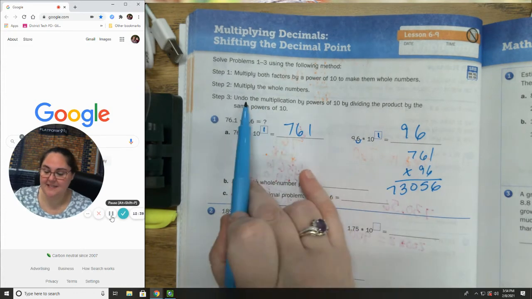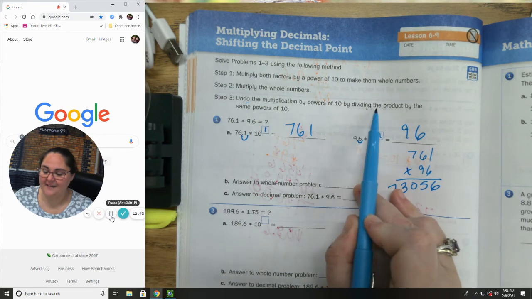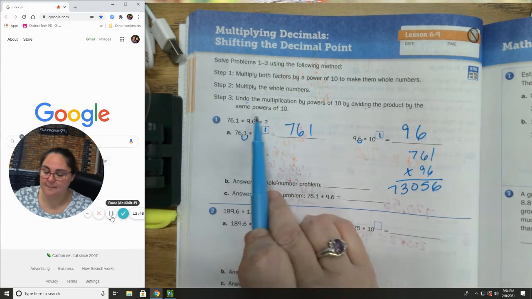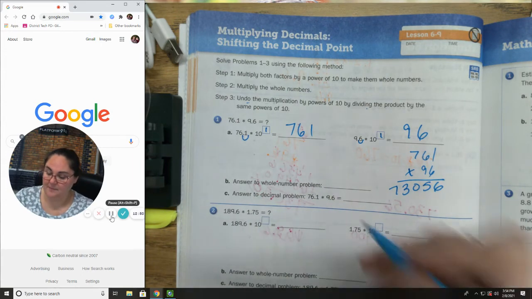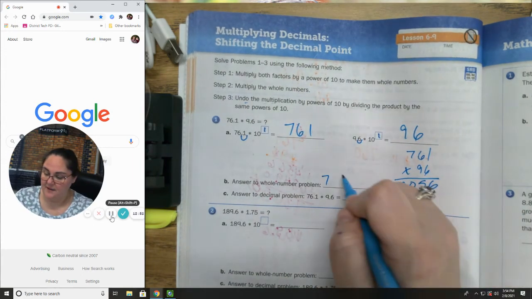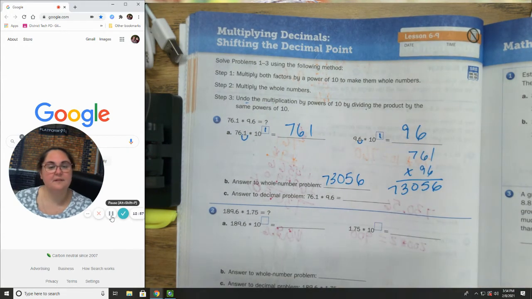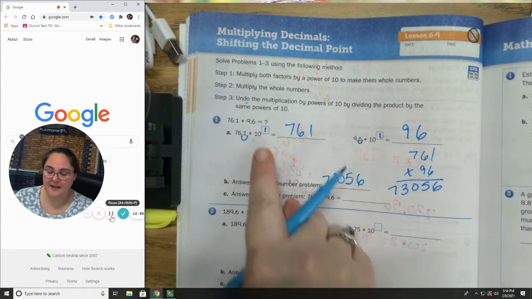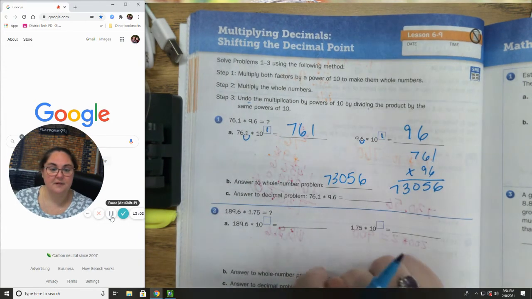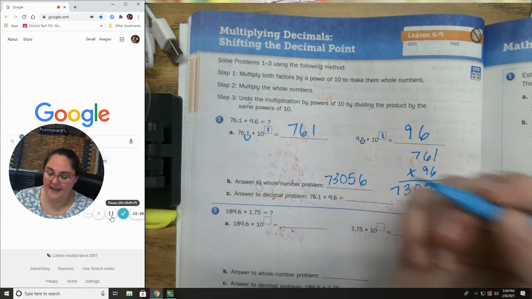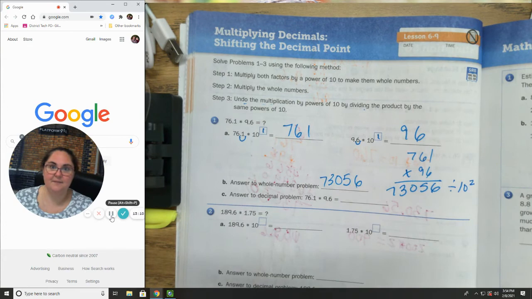Now, step 3, it says undo the multiplication of the powers by 10 by dividing the product by the same powers of 10. So answer to my whole number problem is 73056. So if I multiply by 10 to the first and 10 to the first, I'm going to divide by 10 to the second.